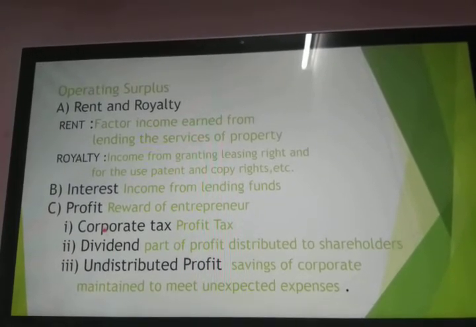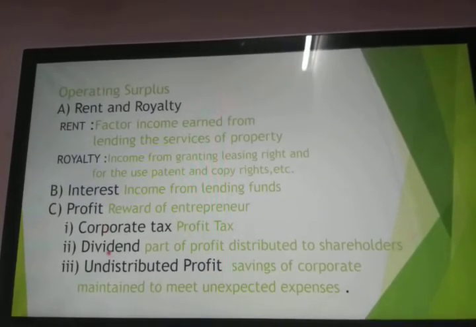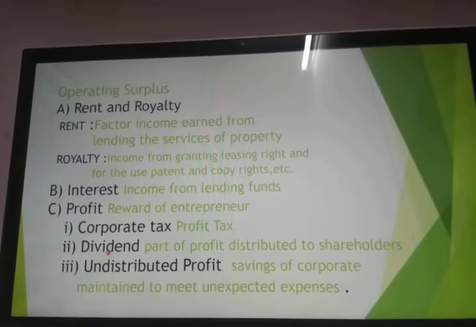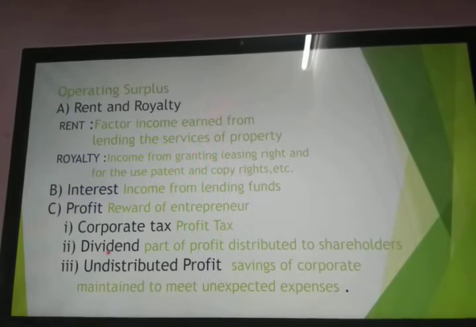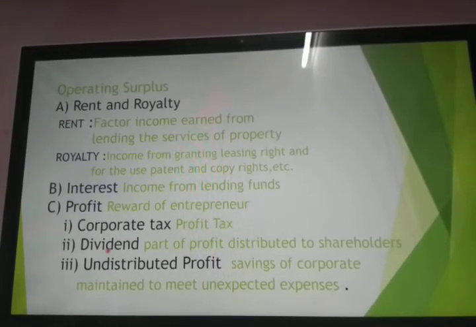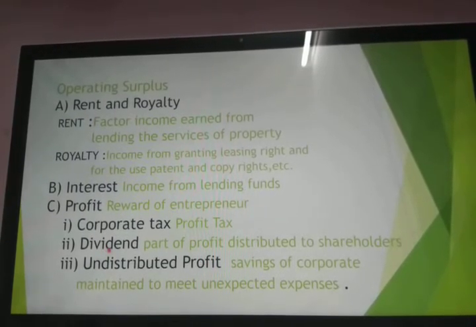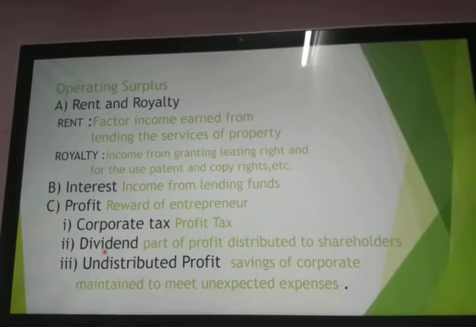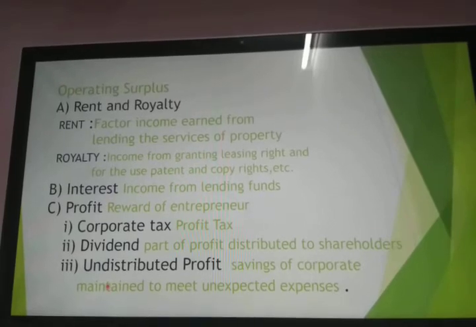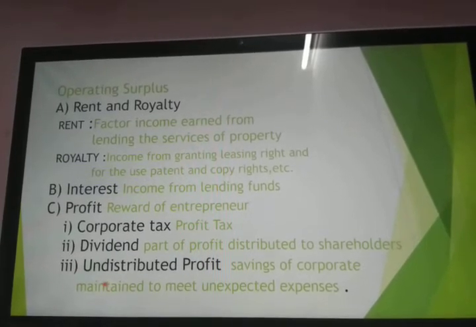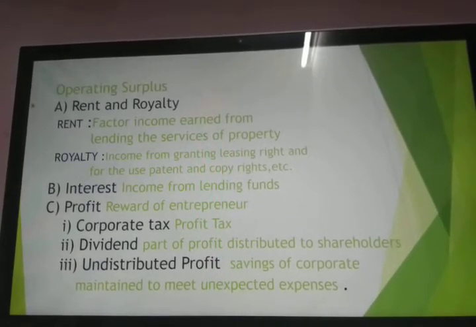The second one is dividend. Dividend is the part of profit which is distributed among the shareholders. That means the one who has purchased the shares of that particular company. So to them, dividend is given. And whatever is left with the producer, to be maintained to meet unexpected contingencies, is what you call undistributed profit.